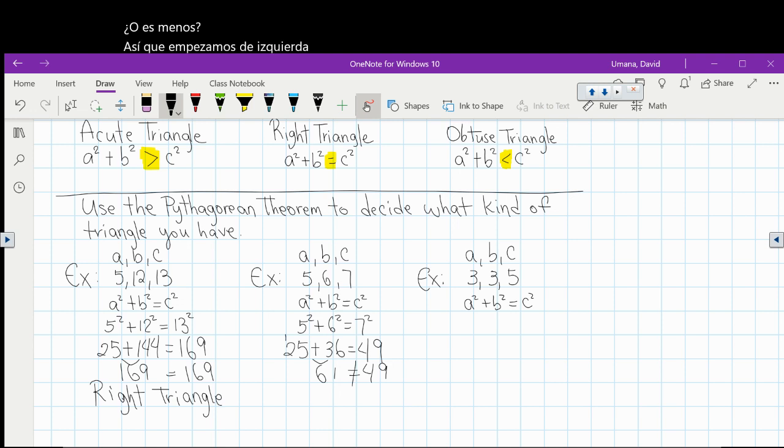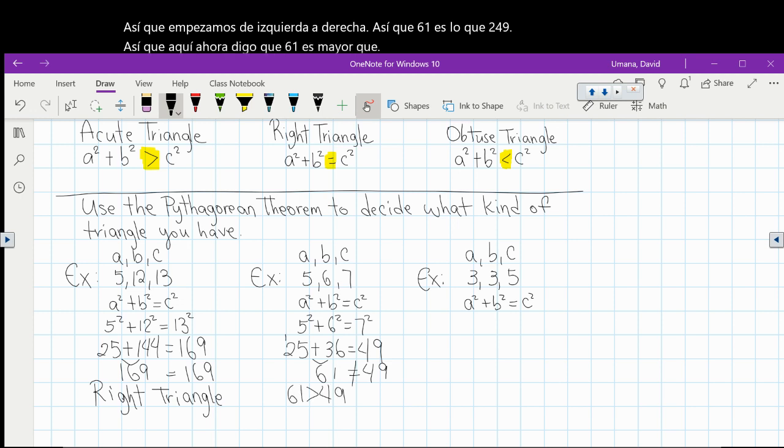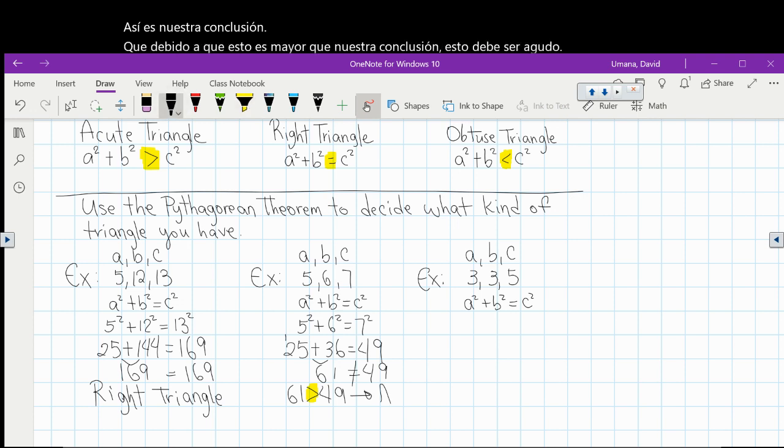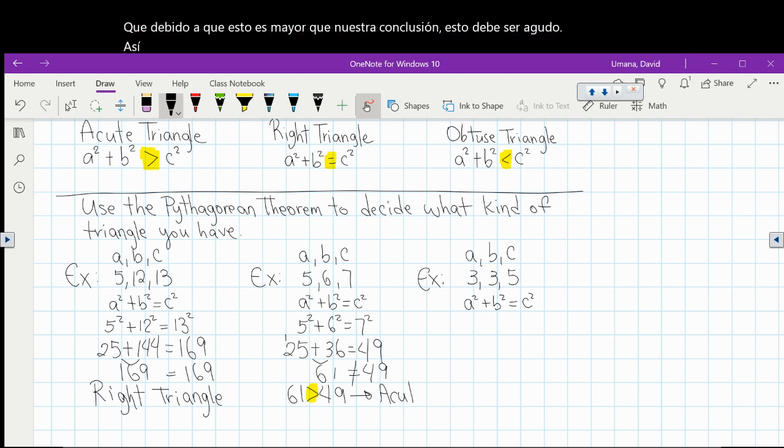So 61 is what to 49? Greater than. So in here, I now say 61 is greater than 49. So our conclusion is that because this is greater than, then this must be acute. So we say this is an acute triangle. And it's only because of the symbol. That's the difference between one or the other.